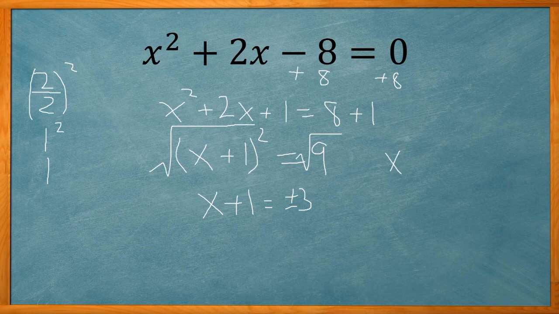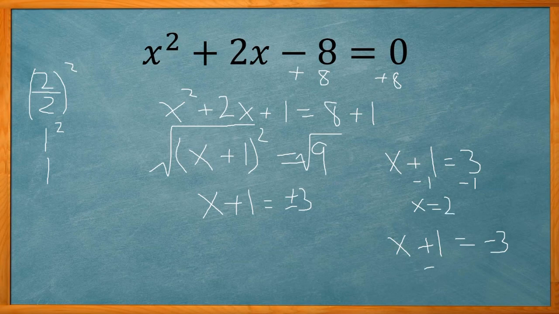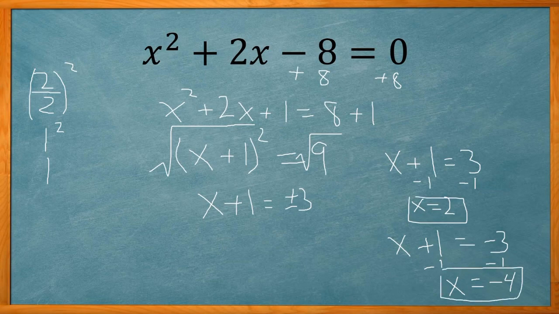Again, I take each of those answers: x plus 1 equals 3, and x plus 1 equals negative 3. Subtract 1 here, so x equals 2. Subtract 1 here, x equals negative 4. So my two answers are x equals 2 and x equals negative 4.